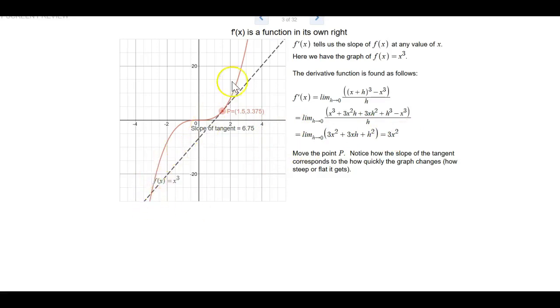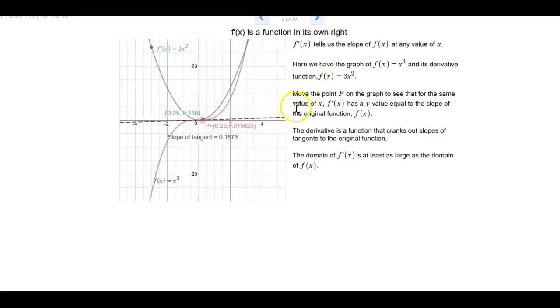So here's x cubed. For any value of x, we see how the tangent line changes, right? So this derivative function, 3x squared, is graphed here, this parabola.